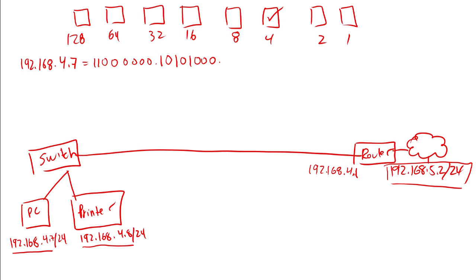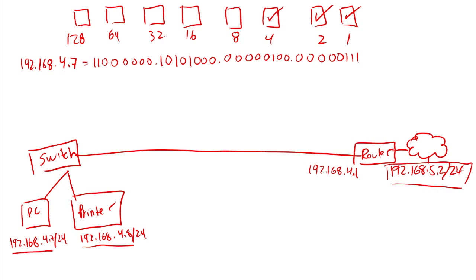And then 7 is 4, 5, 6, 7, so it's 00000111.